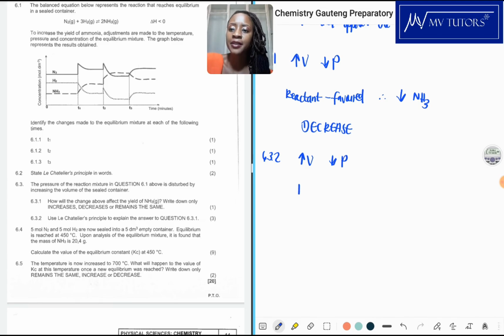A decrease in pressure will therefore have this whole reaction favor the least moles. Sorry, the most moles, which is on the reactant side.